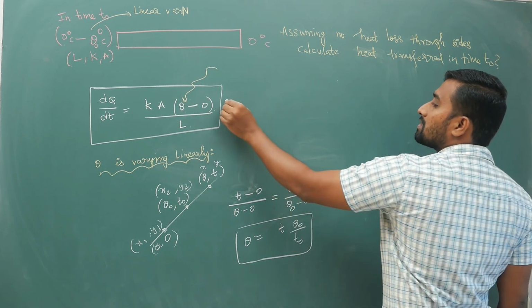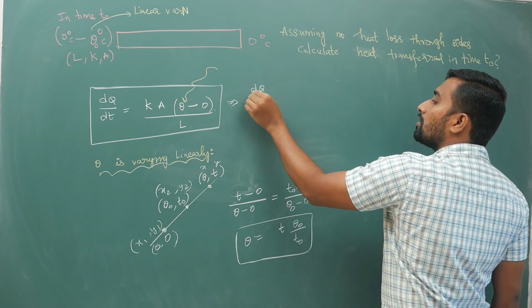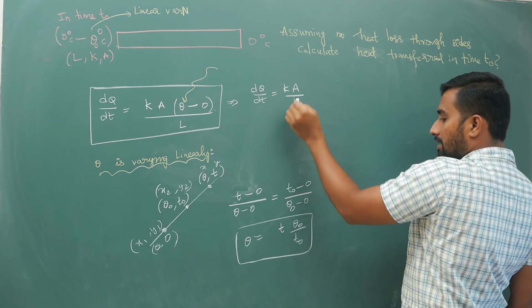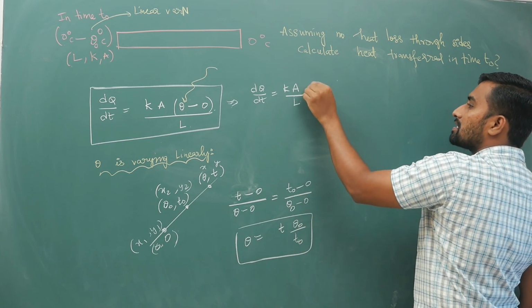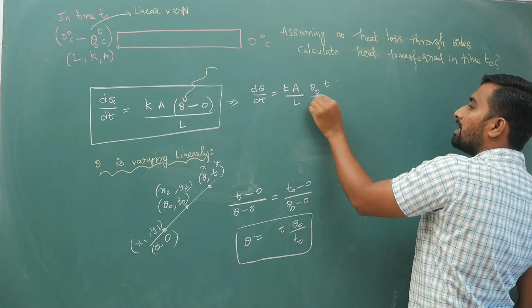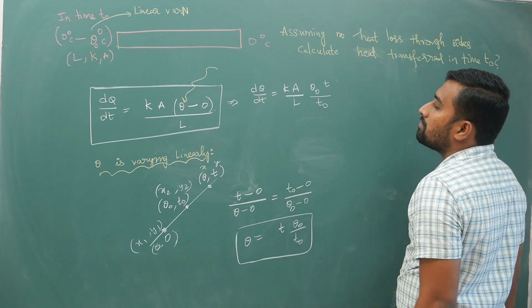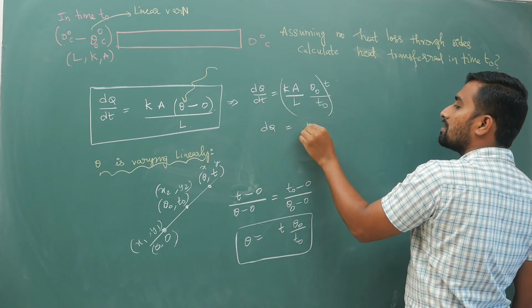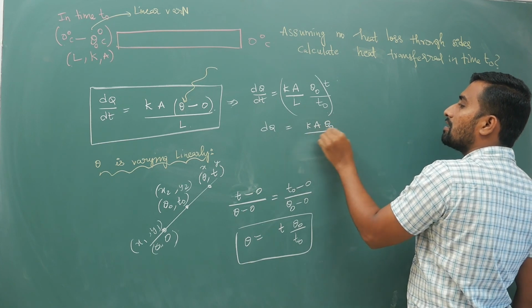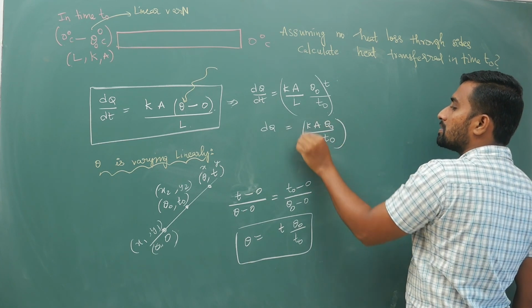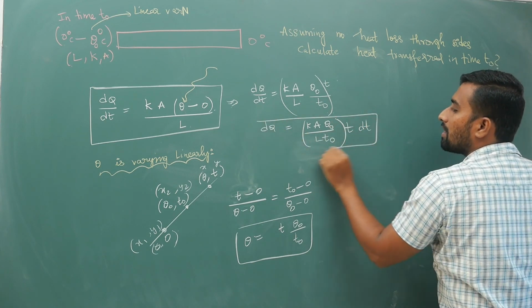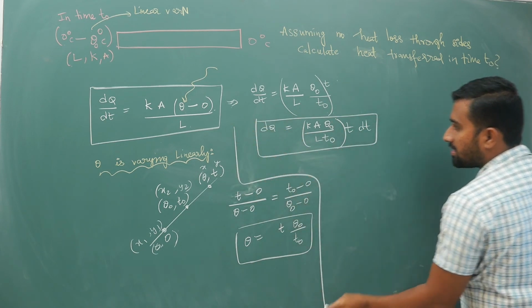Now let us substitute this back into this equation. So your dQ/dt is K times A by L times theta, which is theta naught into t by t naught. Now this term is constant, so your dQ is K A theta naught by L t naught times t dt. This term I will integrate on both sides.